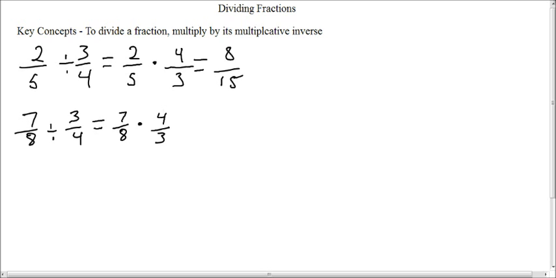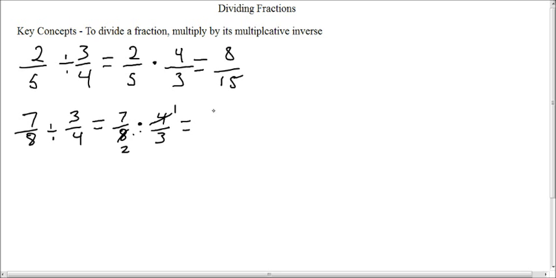Now I'll look again to see, can I simplify? And I can. If I look at this, I see that I can simplify here. So 4 goes into 4 one time, and into 8 two times. This will keep me from having to simplify after I'm done.